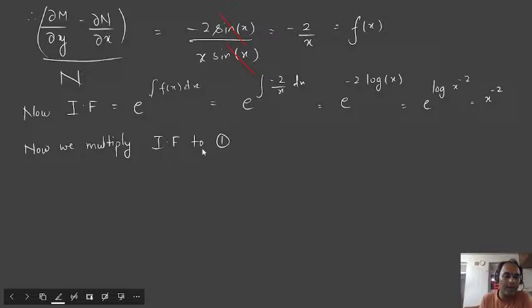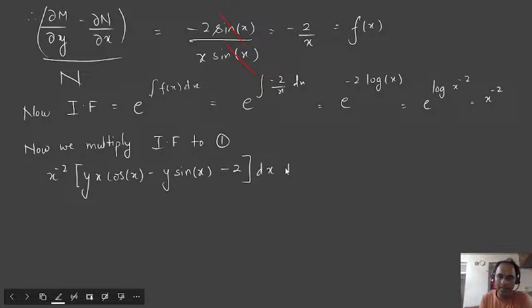To 1 we will get the first term yx cos x minus y sin x minus 2. So this term is getting multiplied by x raised to minus 2.